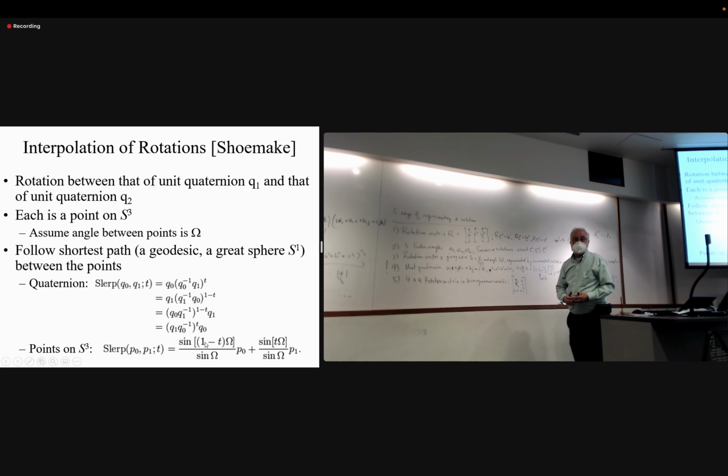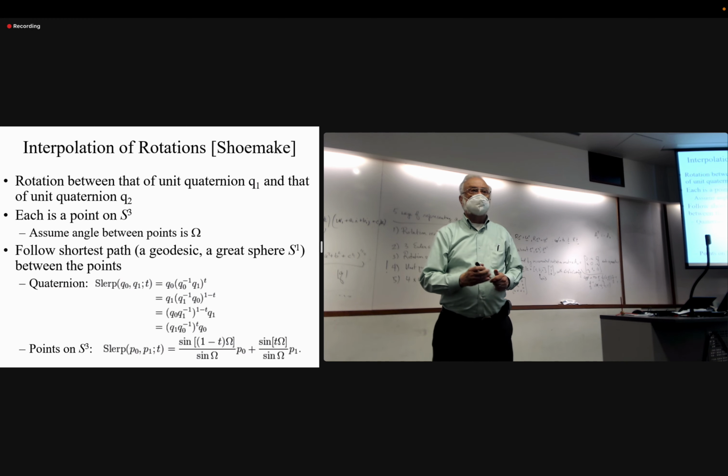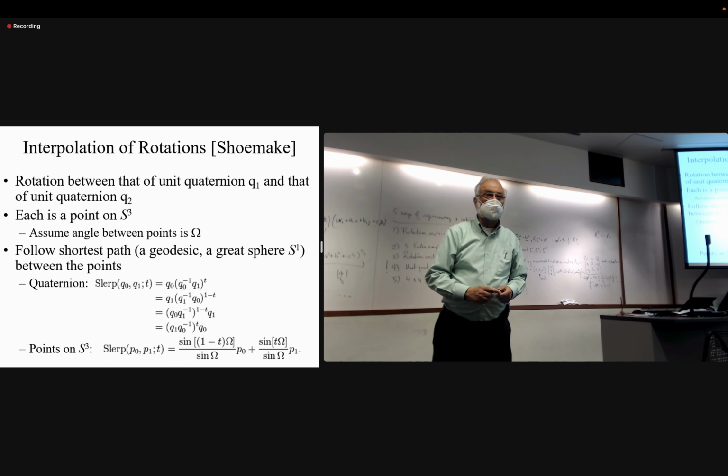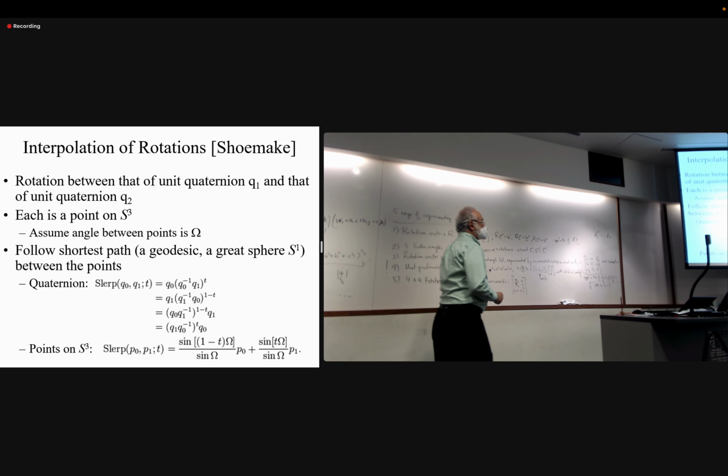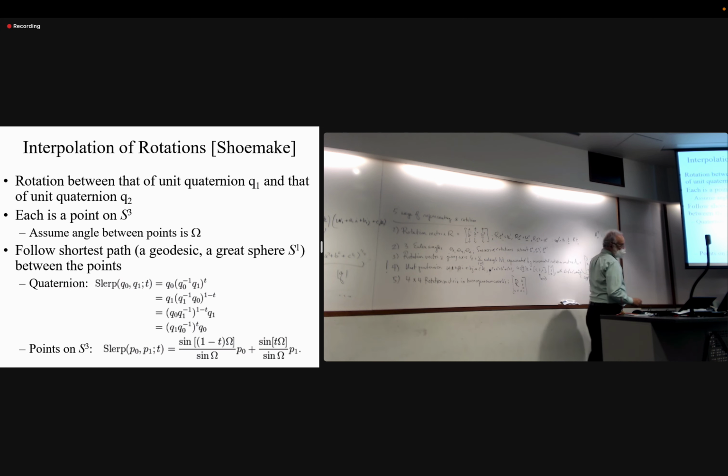But the main point here is that quaternions give you an easy rule for interpolation. You can see, for example, that at t equals 0, this is just q0 times something to the 0, which is q0.